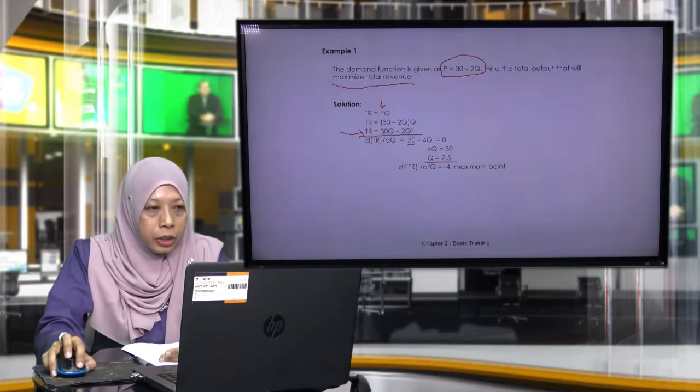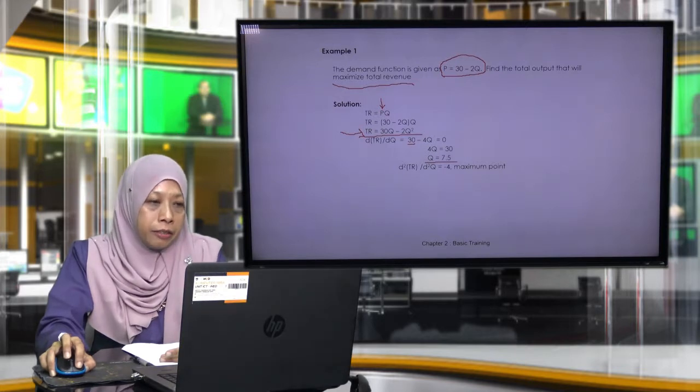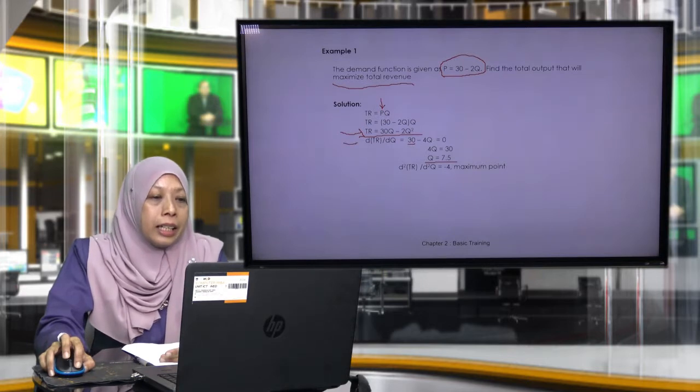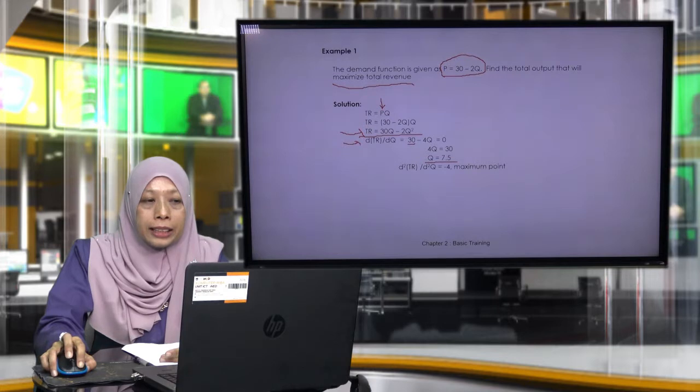Now your original function is TR, 30Q minus 2Q squared. This is the original function. When you differentiate the total revenue function once, you're going to get 30 minus 4Q. So this is what we call the first derivative function.